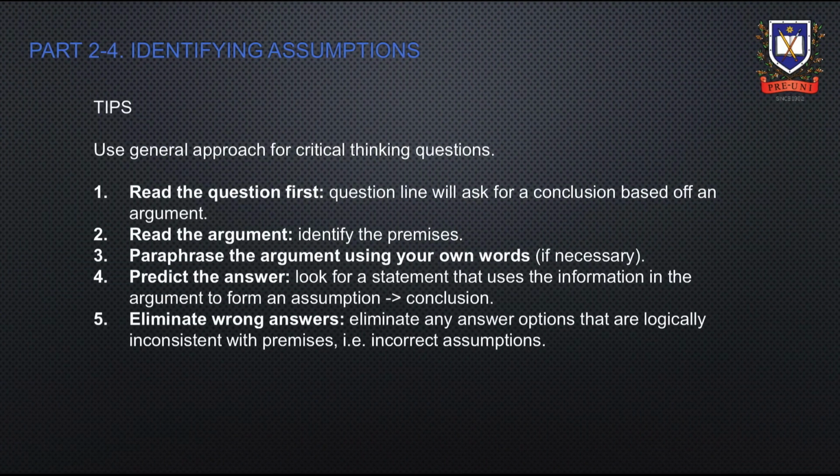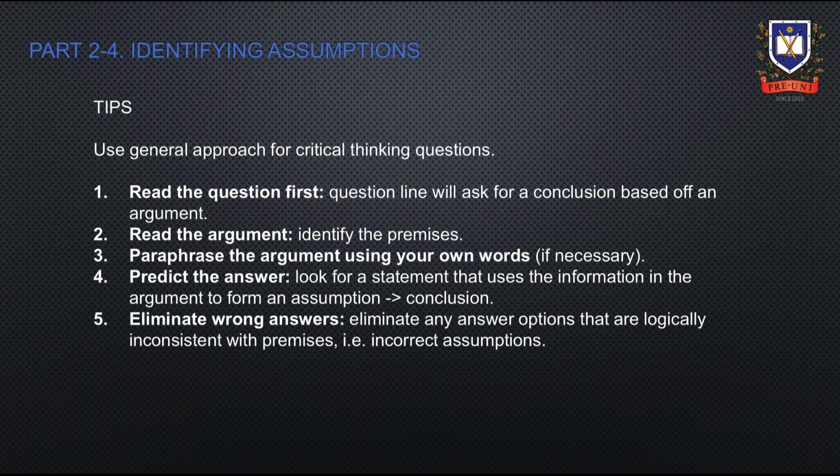Let's look at how we would apply the tips to identifying assumptions type questions. The first step is to read the question and identify the question line, typically saying, if this is true, which one of these sentences must also be true? The second step is to read the argument and identify the premises.